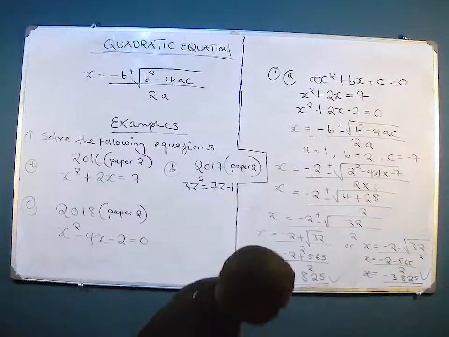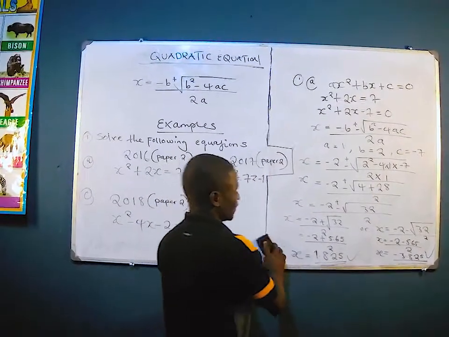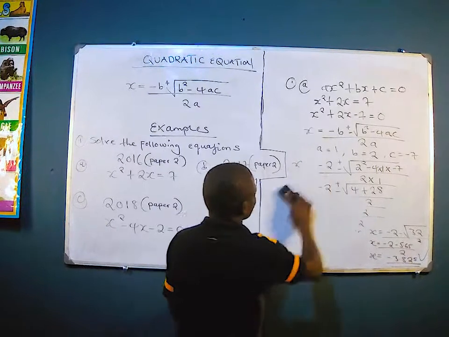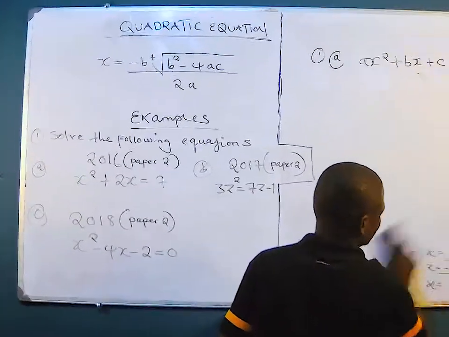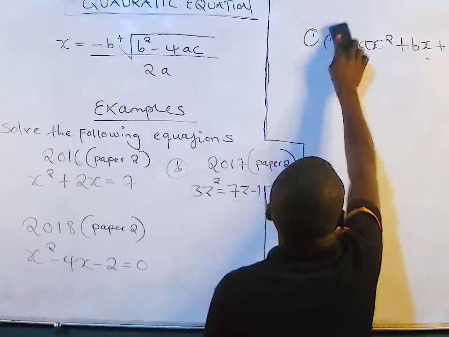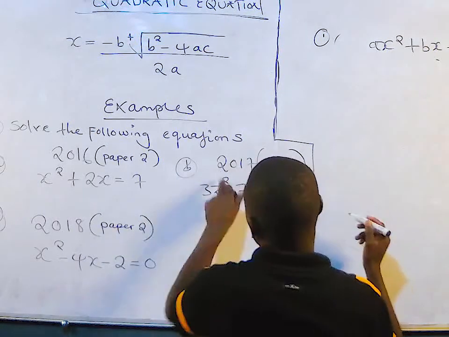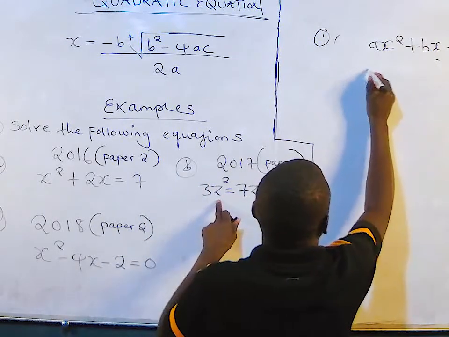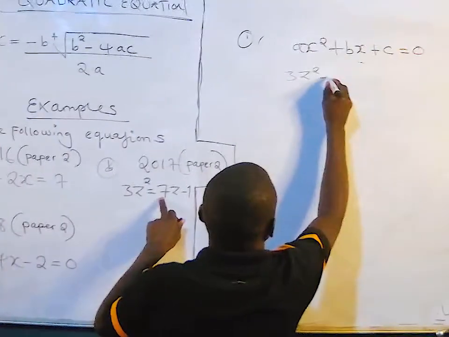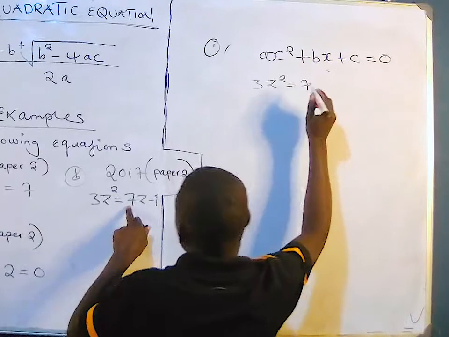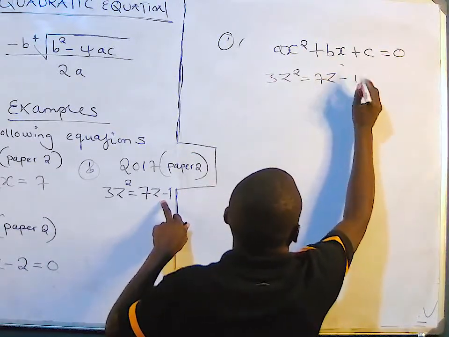So I can erase this to solve the 2017 paper 2 exam question, which says 3z squared is equal to 7z minus 1.